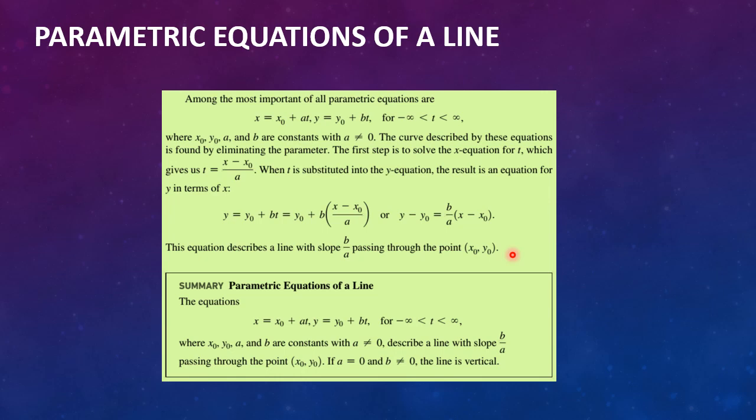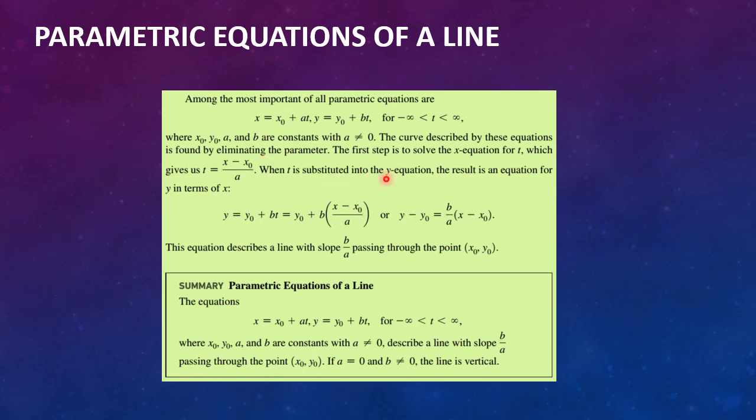The curve described by these equations is found by eliminating the parameter. The first step is to solve the x equation for t, which gives us t equals (x minus x sub 0) over a. So we're just solving this original parametric equation for t.